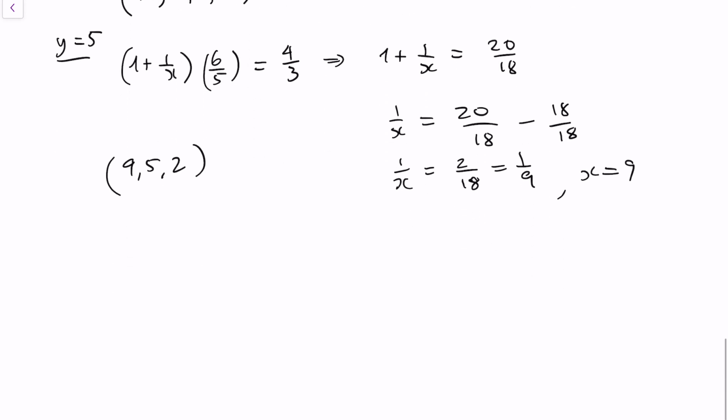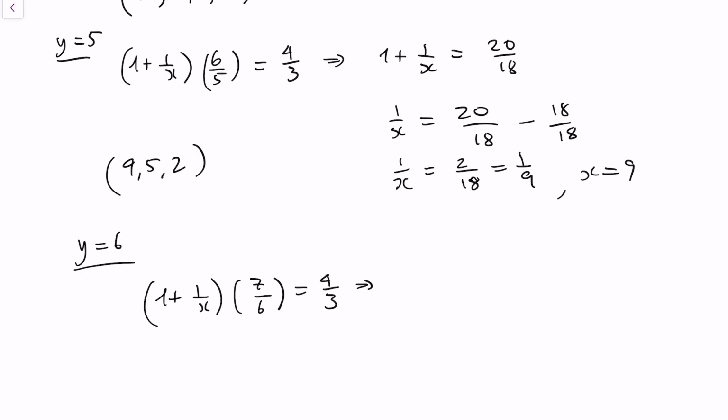The next and the last trial is when y is equal to 6. We have 1 plus 1 over x. Now if y is 6, we're going to have 7 over 6 times this is equal to 4 over 3. That implies 1 plus 1 over x is equal to 24 over 21.